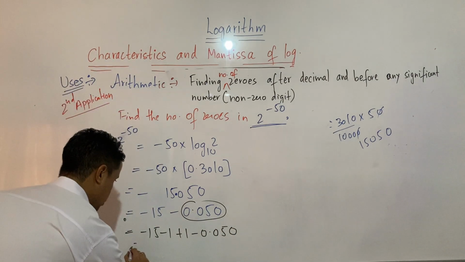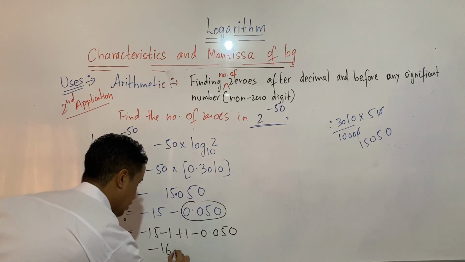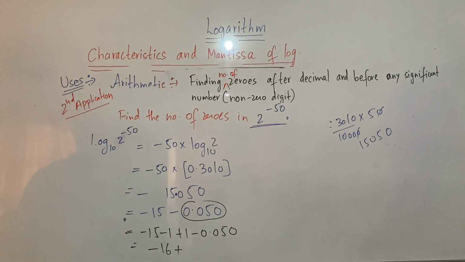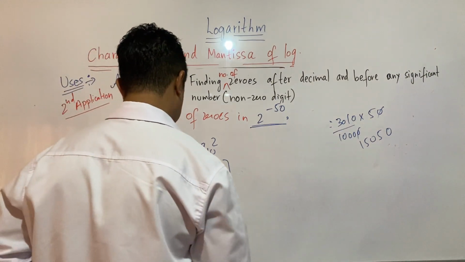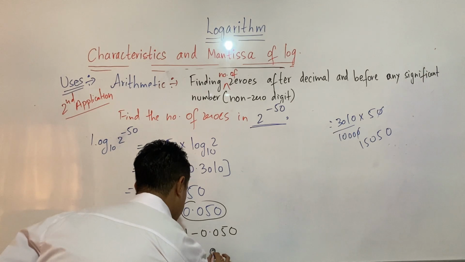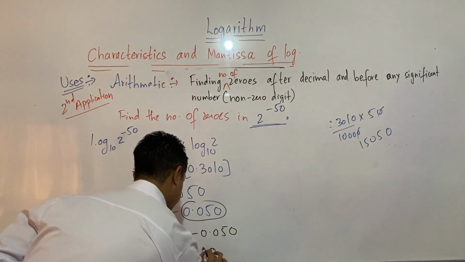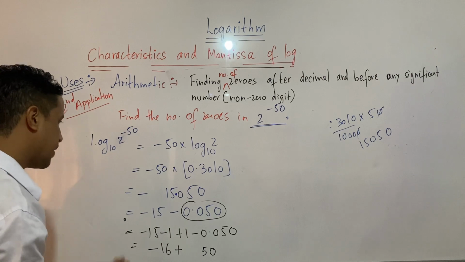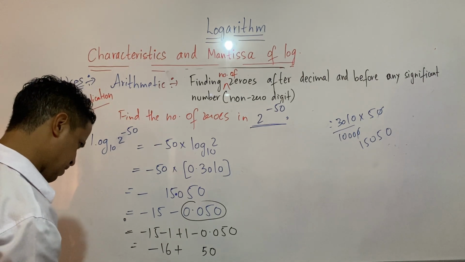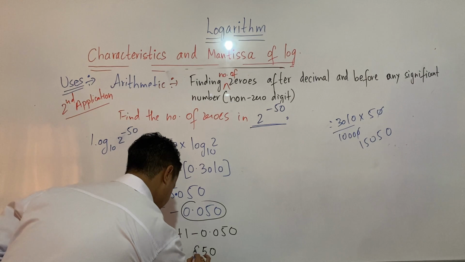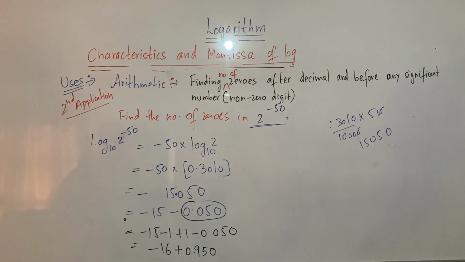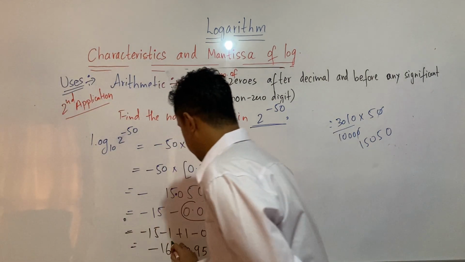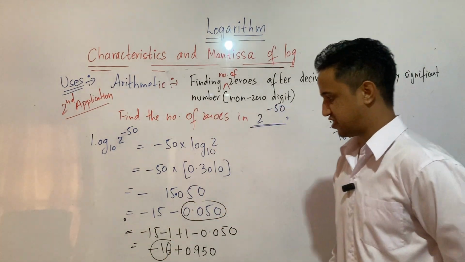So it's going to be minus 16 plus 0.950, working it out digit by digit: 10 minus 5 gives 5, 9 minus 0 gives 9, and so on. So the characteristic is minus 16, right?